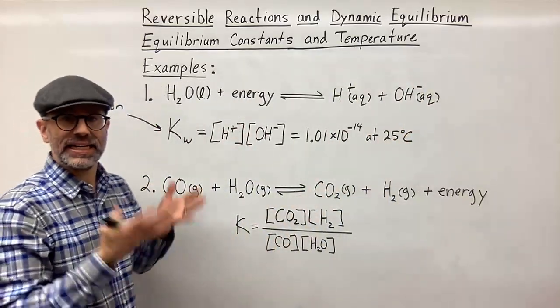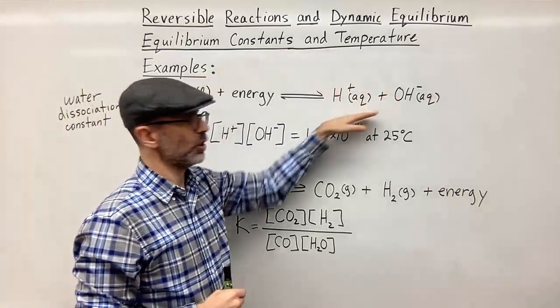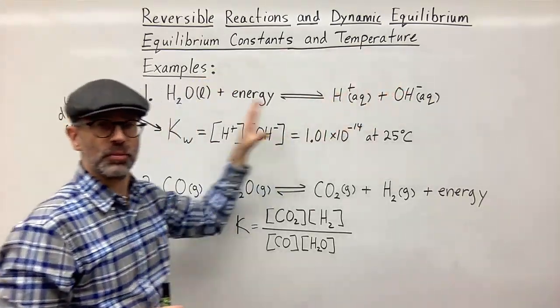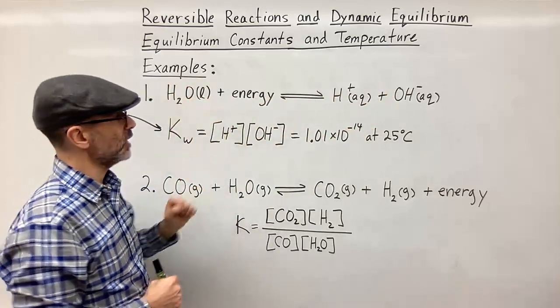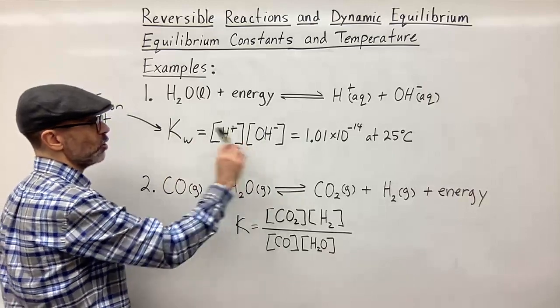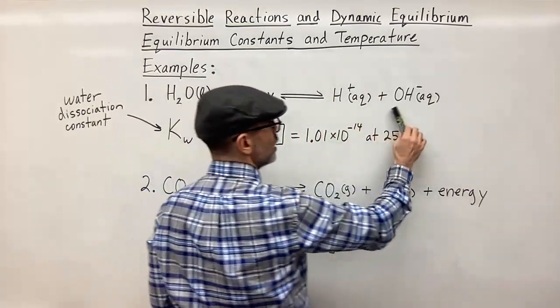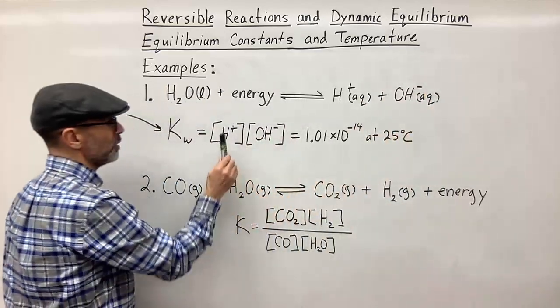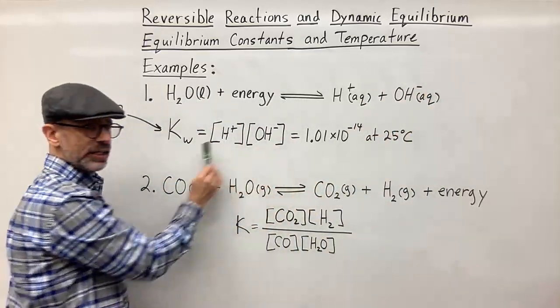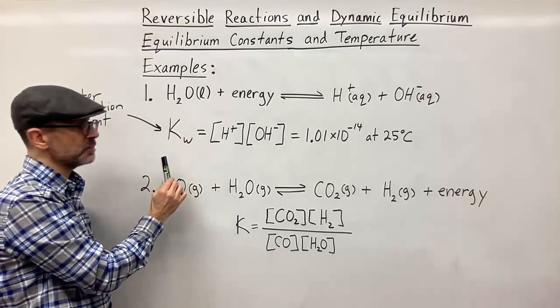As I increase the temperature, more and more product is going to form compared to reactant. Look at the expression. If I increase the amount of H plus and OH minus, then both of these are going to increase, which means your Kw is going to increase.